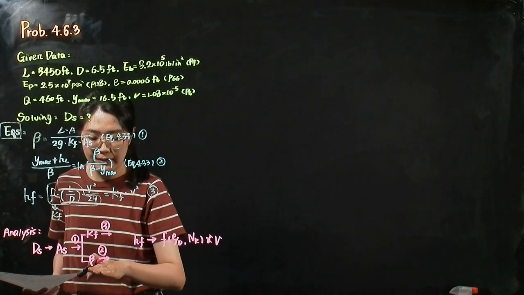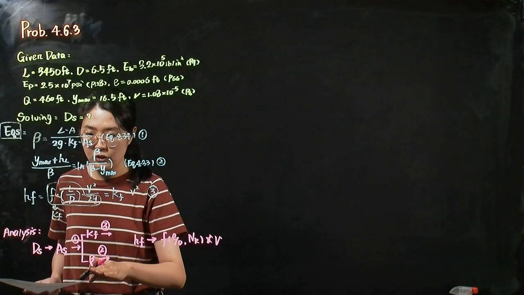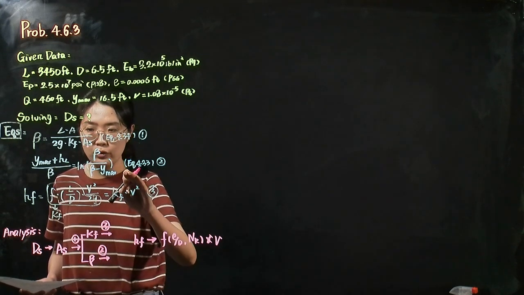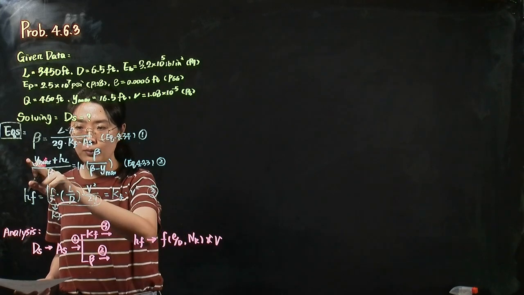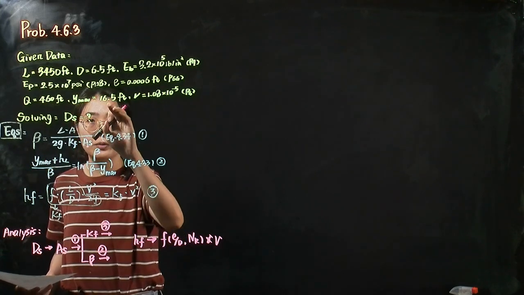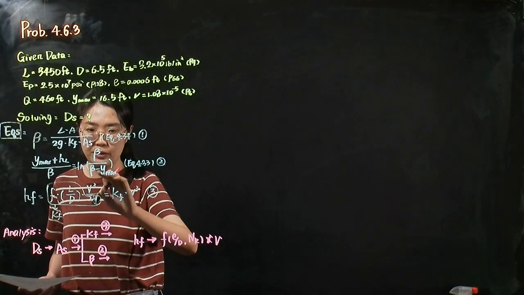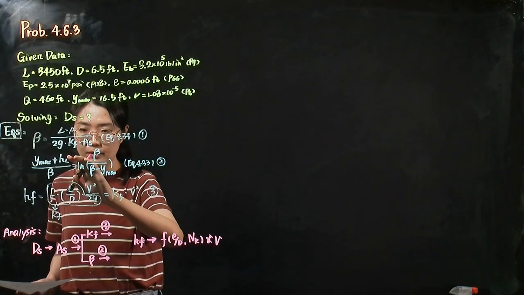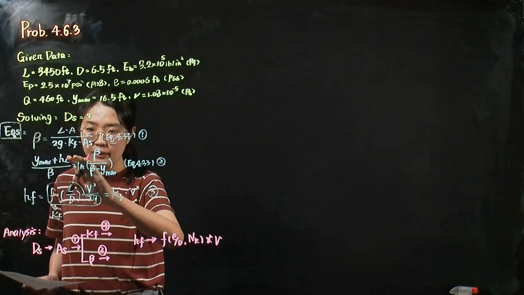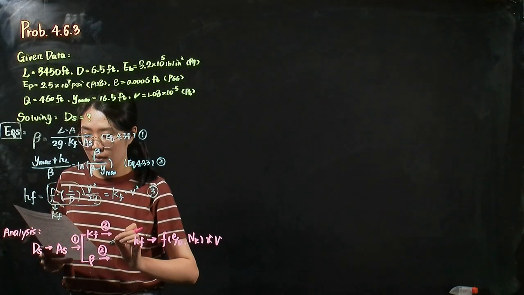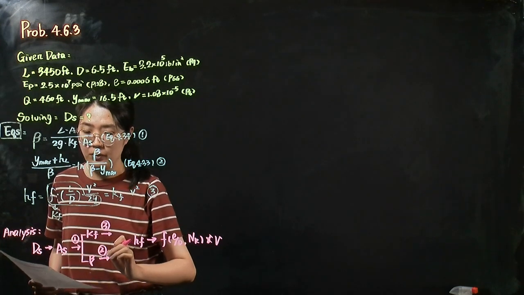Now let's take a look at the damping factor beta in equation 2. In equation 2, we already know the Y max. It equals 16.5 feet. We do not know beta and the head loss, because in this problem the minor losses are negligible.